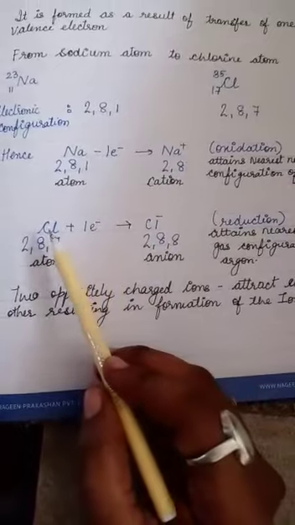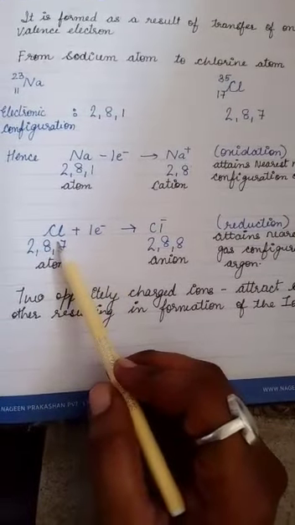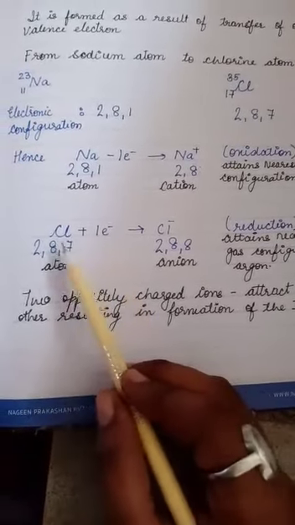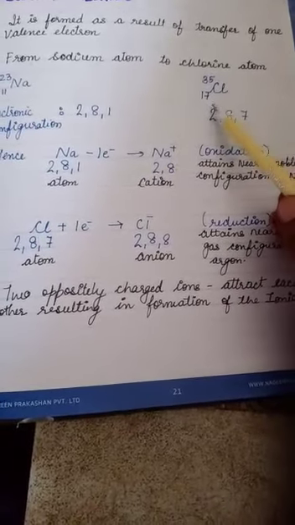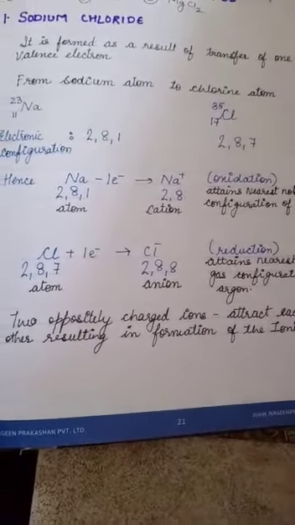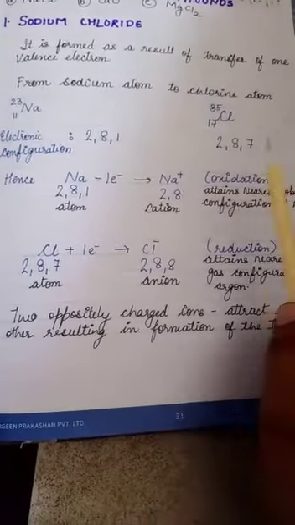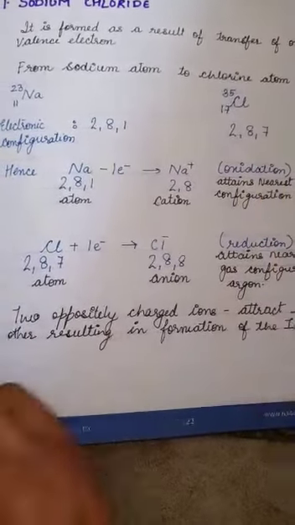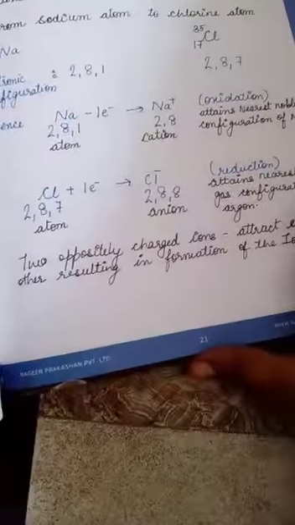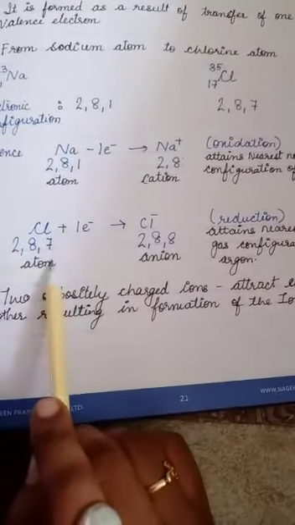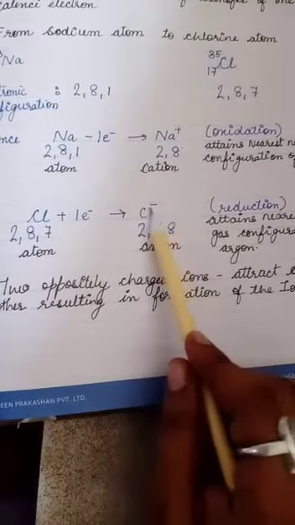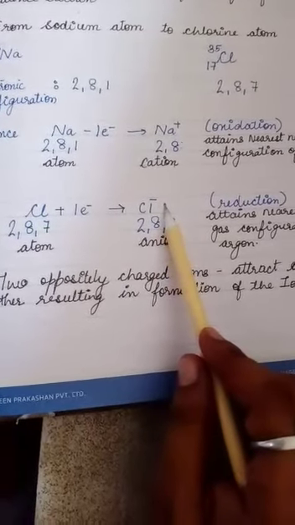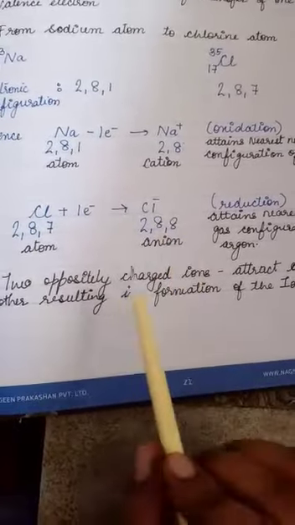Then the non-metallic atom is our chlorine. What is the electronic configuration of chlorine here? 2,8,7 according to the atomic number. Now you can see here the last shell requires one electron to complete its octet. Hence chlorine, 2,8,7, will tend to gain one electron and get converted into an ion, which is a negatively charged ion.